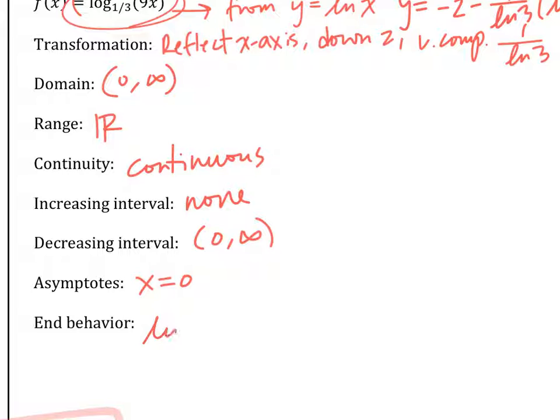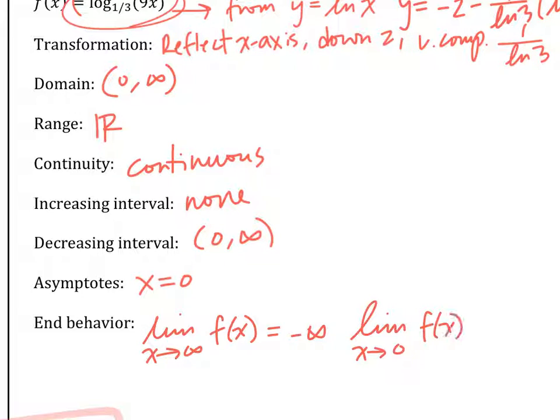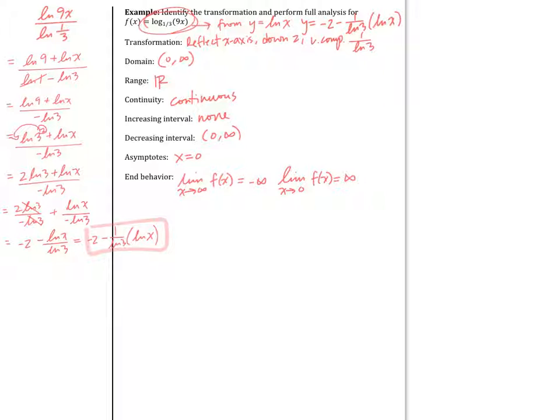X to infinity, y equals negative infinity. Yes. And then Aaron, give me the last end behavior. Yes, x goes to 0, y goes to infinity. So when x is going to 0, y is going straight up. So when x is going to 0, y is going to infinity. All right, I think that's it, right?